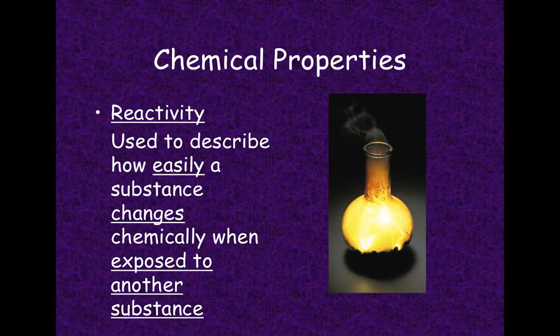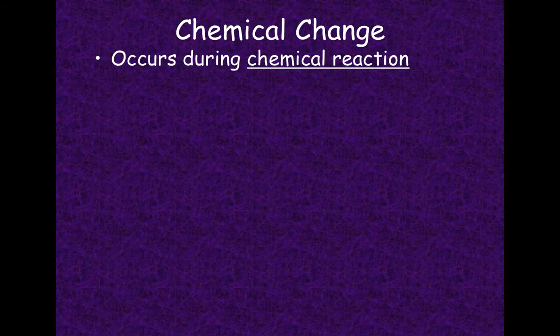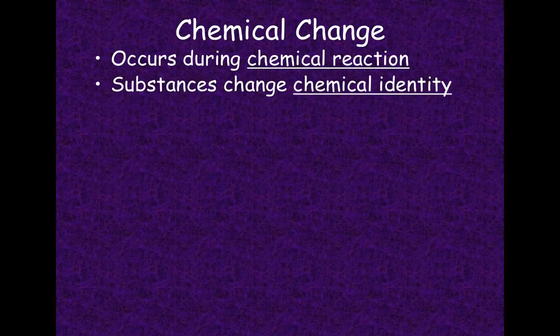Now, chemical properties are actually very closely related to chemical changes, because oftentimes when we're testing for chemical properties, if those chemical properties exist, it results in a chemical change. This occurs during a chemical reaction. And what happens during a chemical change is the substance changes its identity.